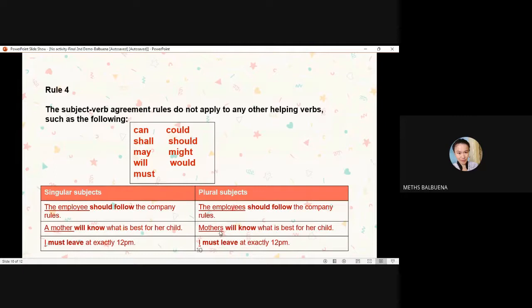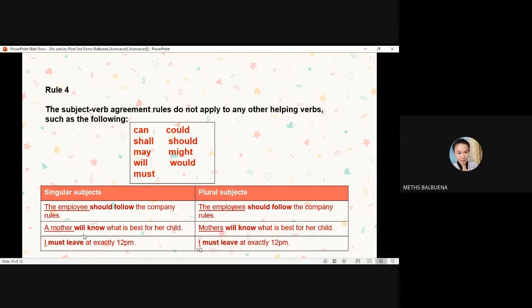And here's our rule number four. The subject-verb agreement rules do not apply to any other helping verbs such as the following: can, shall, may, will, must, could, should, might, would. Example in singular subjects: "The employee should follow the company rules." Plural subjects: "The employees should follow the company rules."